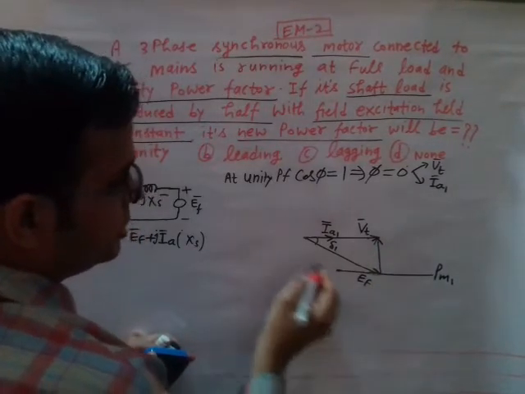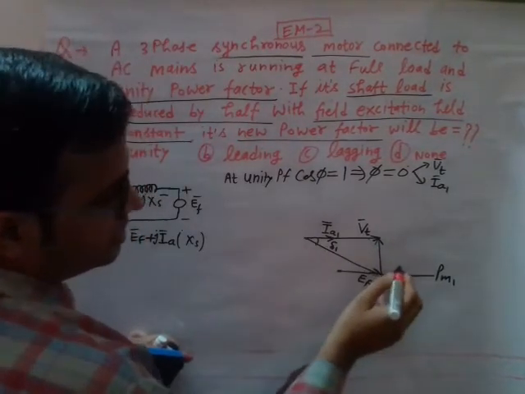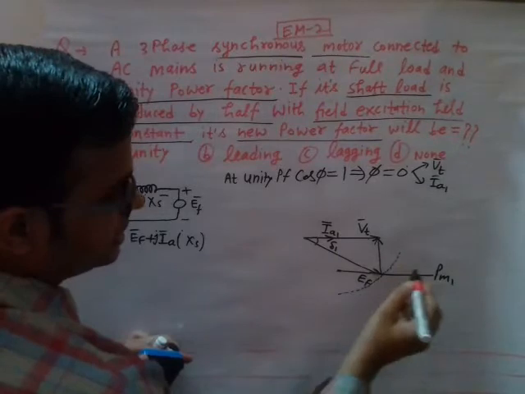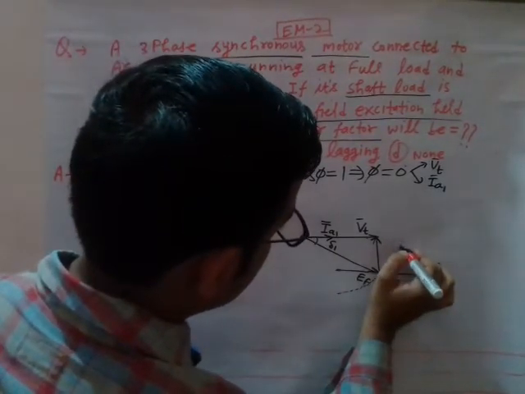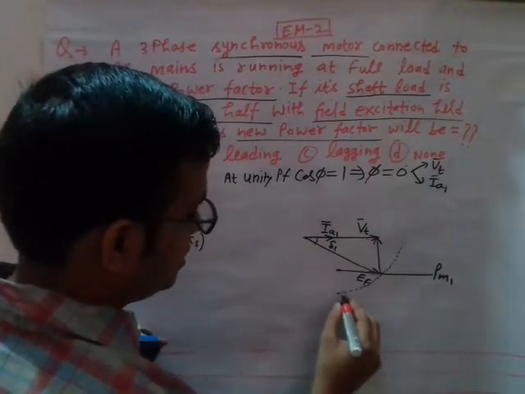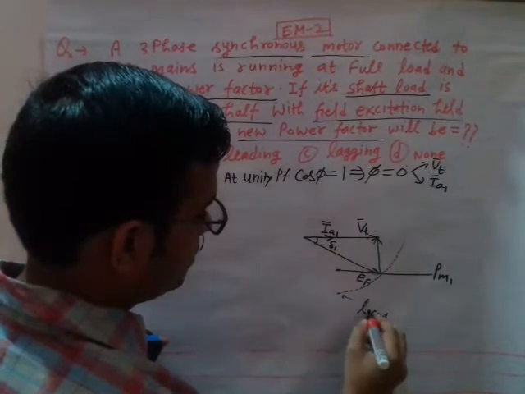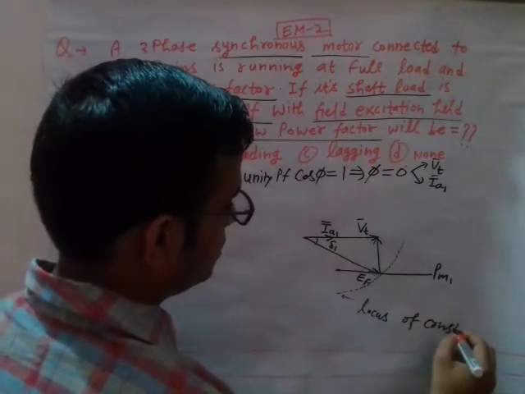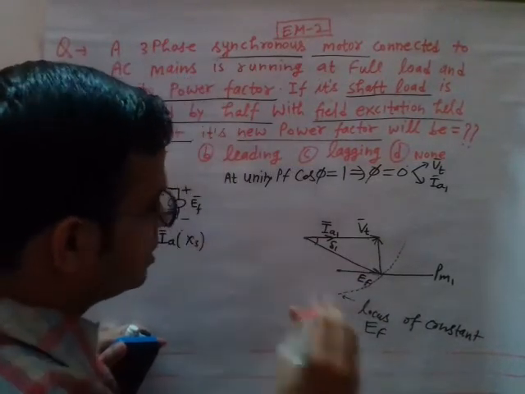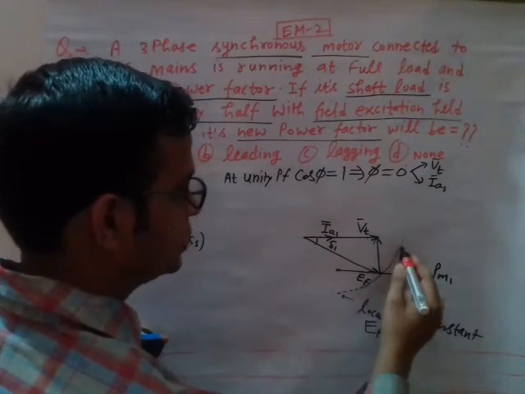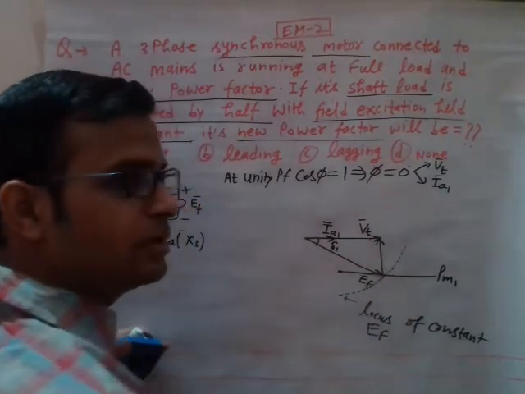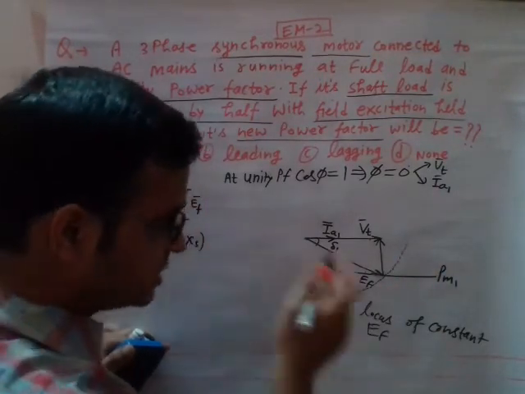Field excitation fixed means it will be a locus of constant excitation. The dotted line you are seeing here is the locus of constant excitation EMF EF. The meaning is that whichever point you choose on this locus, the excitation EMF would remain fixed.